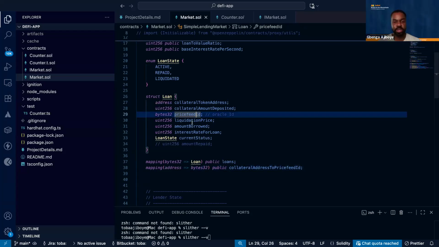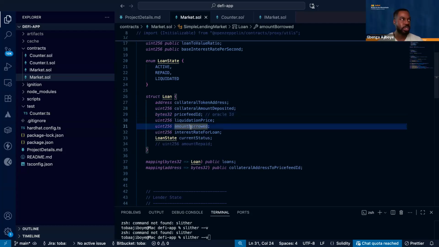Every loan has a liquidation price, as you know, which we'll calculate at the time we're creating the loan. And the amount borrowed, we also know this. Why? Because when you're trying to liquidate this loan, a person can deposit maybe $1,000 worth of Bitcoin, but they might decide to borrow only 500.